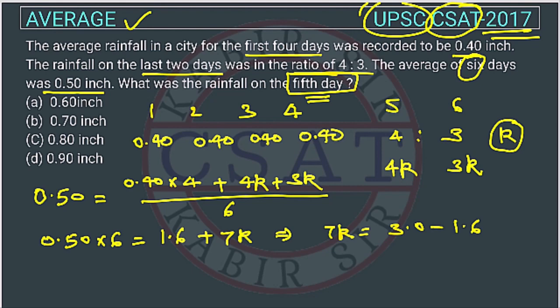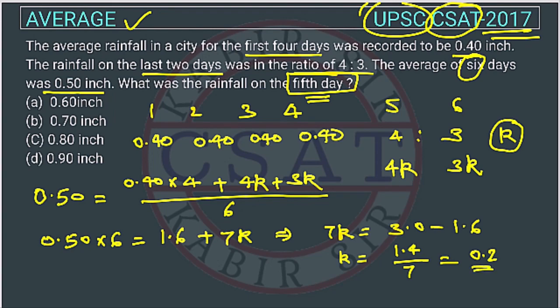Okay, so the value of k will be from here, this will be 1.4 upon 7, so this will be 0.2, right?